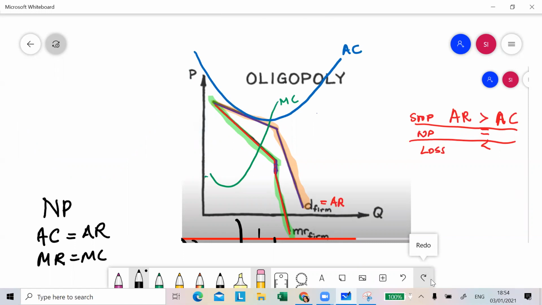The next rule is to identify the point where MC equals MR. I'm drawing the dotted lines and identifying the point where all these connect together. The dotted line equals AC equals AR. Now this is the point 0B, and this is the point where the firm is making a normal profit. So when it's a normal profit, AC is equal to AR.